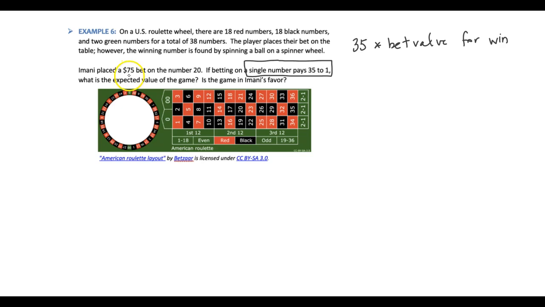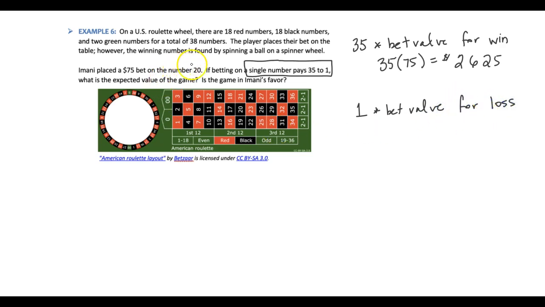So if the ball ends up spinning and landing on the number 20, then Amani would win 35 times $75, or a total of $2,625.